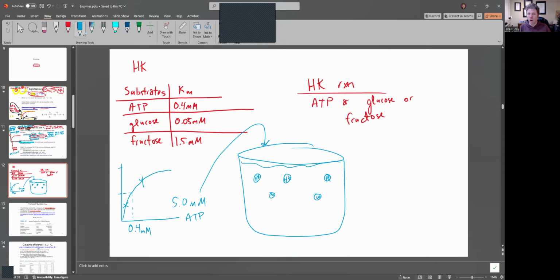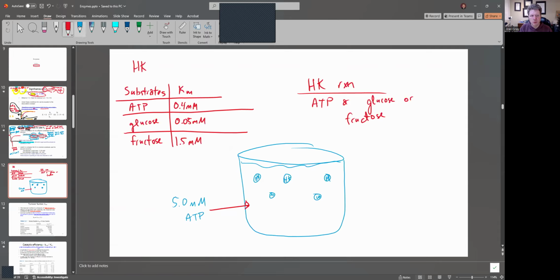X or Y, roughly? We're at the Y because we have given it more than enough of this substrate. Okay. So now I'm going to erase this first graph. We've given this reaction lots of one of our substrates. Okay, so we're good.